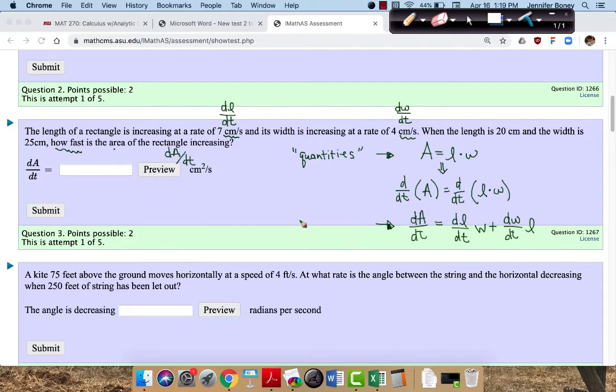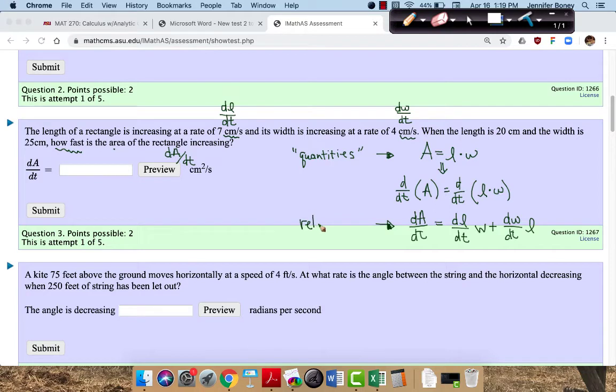But this is our related rates equation. This tells you how changing one changes the other over time. So changing the length at a certain pace, centimeters per second, will have an effect on the area, whether or not I'm changing the width, but we have rates of change for both of those.